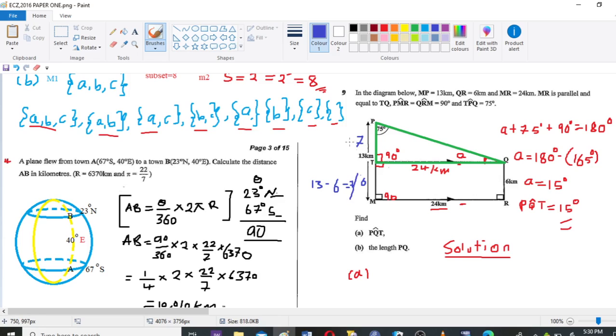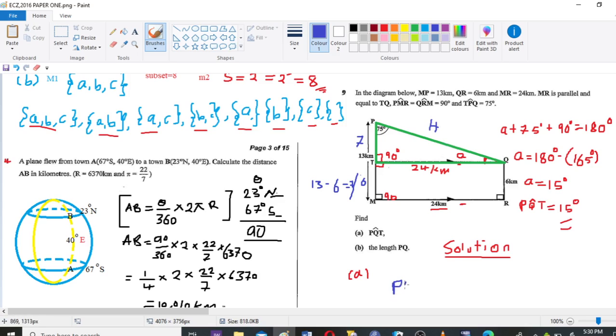So we have 7 and 24. And what is this line here? This is our hypotenuse. So we can use the Pythagorean theorem to calculate the length of PQ.